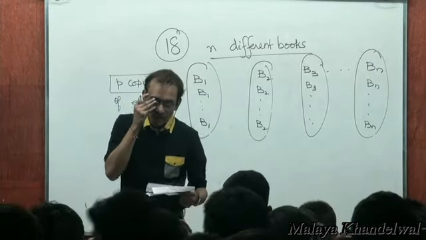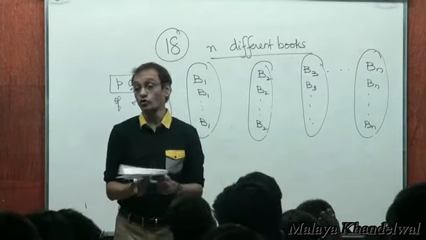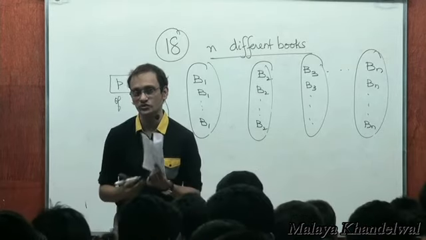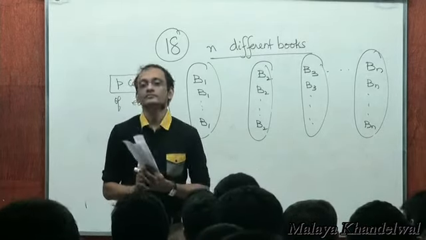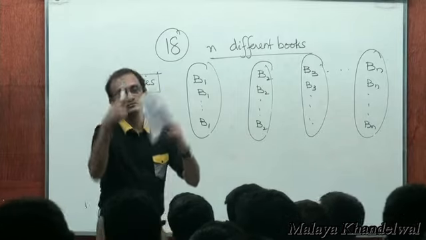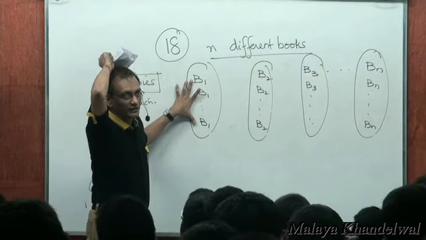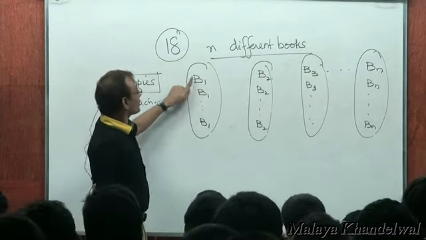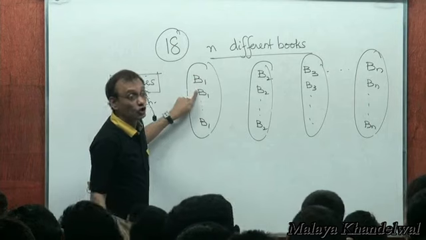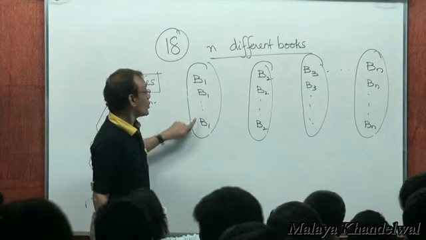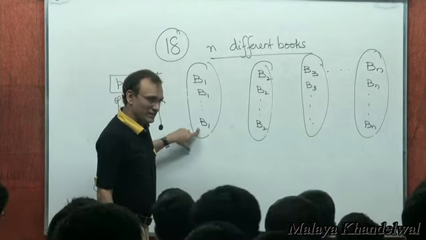And I want to make a selection from them. That means at least one book I want to be able to select. P plus 1 to the power n minus 1. Absolutely. The number of ways in which I can deal with B1 is P plus 1 ways, because either I can select 1 B1 or 2 B1s or 3 B1s or P B1s.